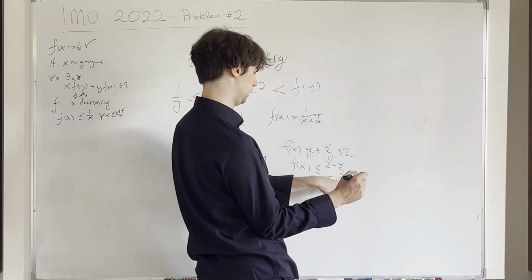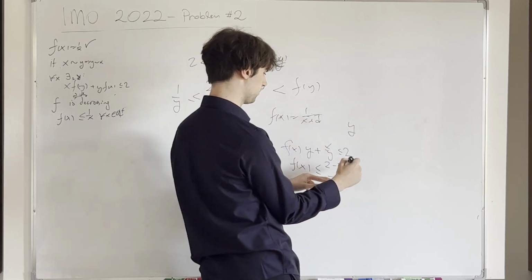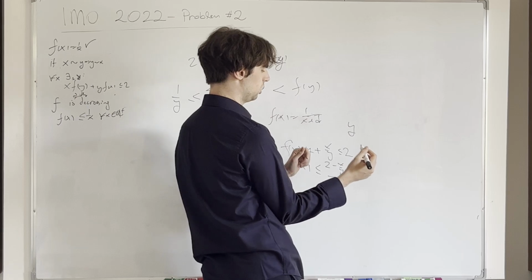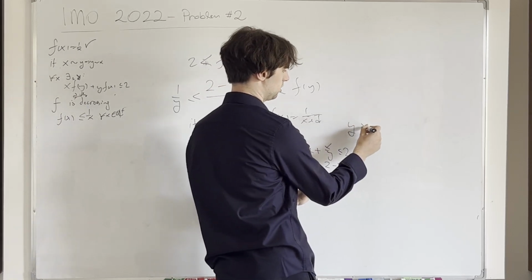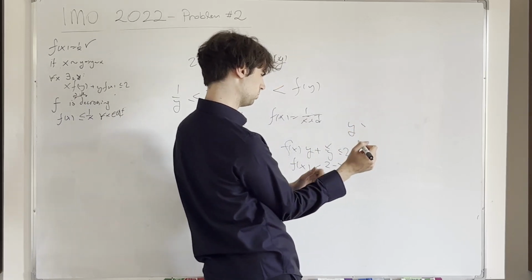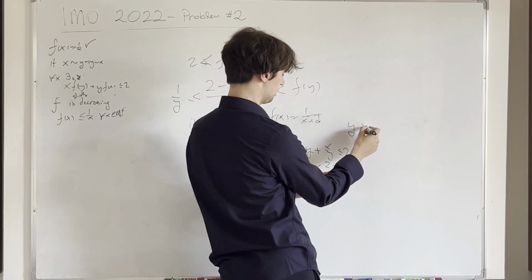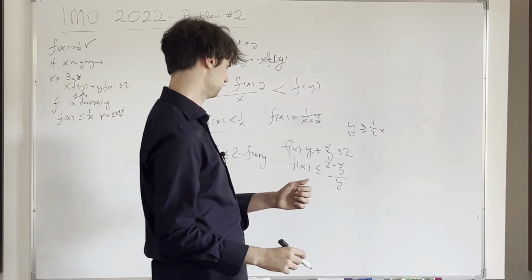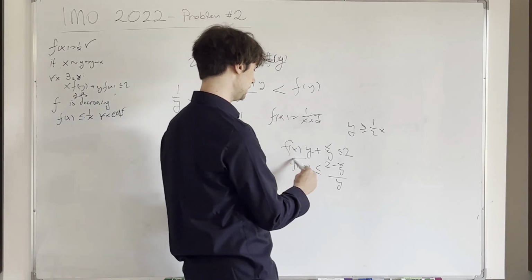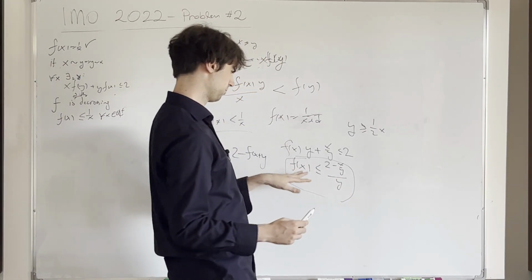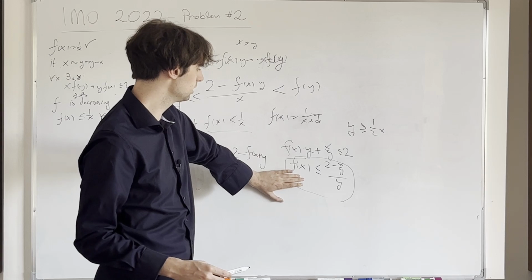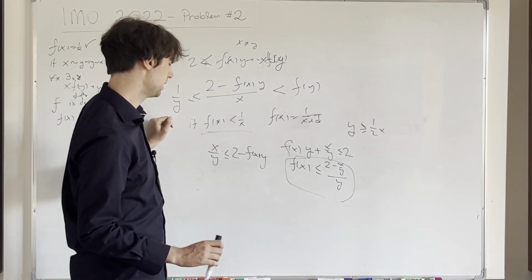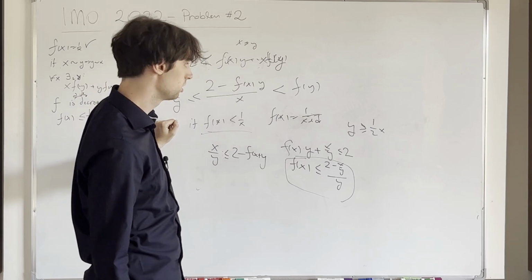I just need to make sure that this isn't negative. So if this is positive, then y is greater than or equal to half of x. So I need to show that, if x is less than 1 over x, can this in fact be the case for some y?